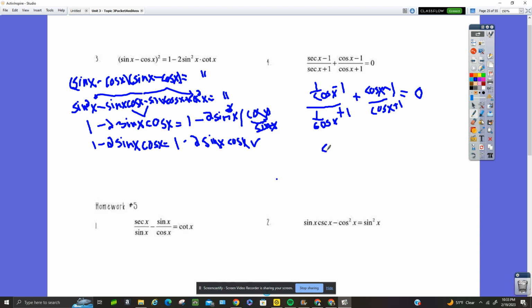So if I work on this complex fraction here, cosine x would be 1 minus cosine x, and then this is cosine x, and then 1 plus cosine x plus cosine x minus 1.